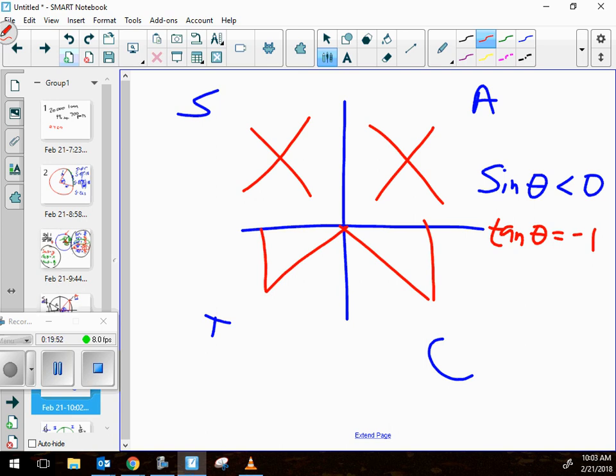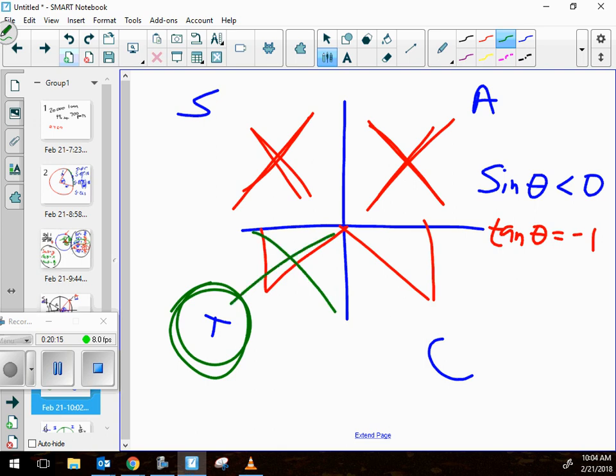We already know it can't be here and it can't be here. If tangent's negative, where else can't it be? Which quadrant did I just rule out by saying tangent was negative? Well, isn't this where tangent's positive? So therefore it can't be here. Therefore, I must be drawing the triangle here.